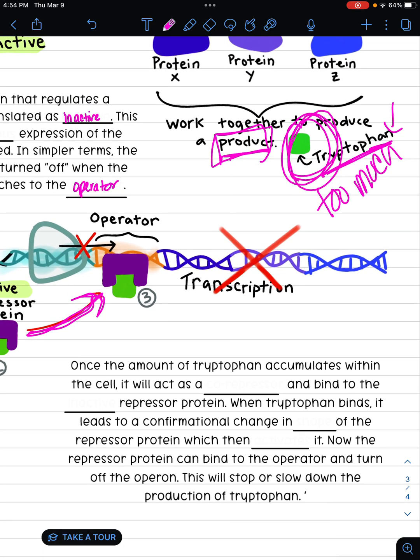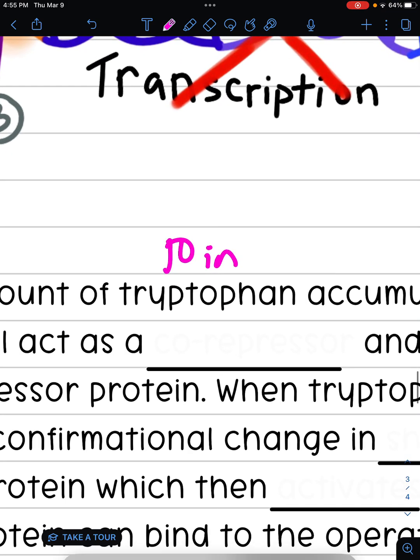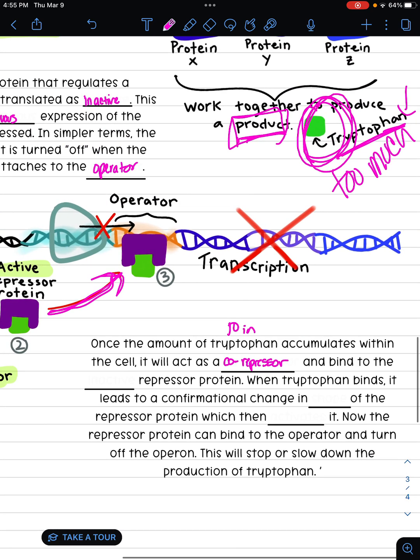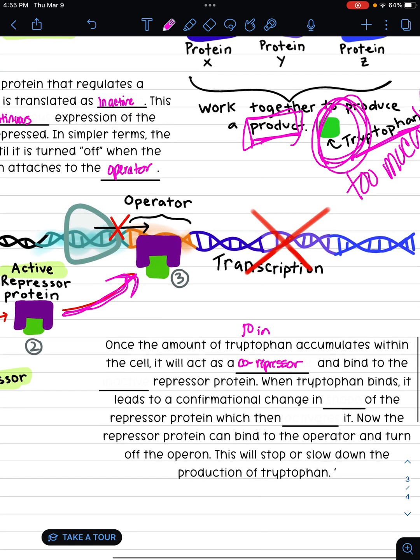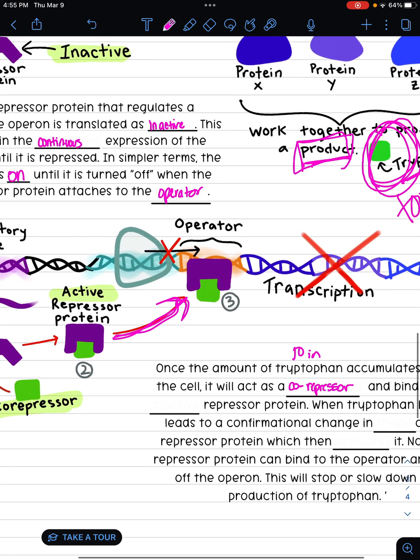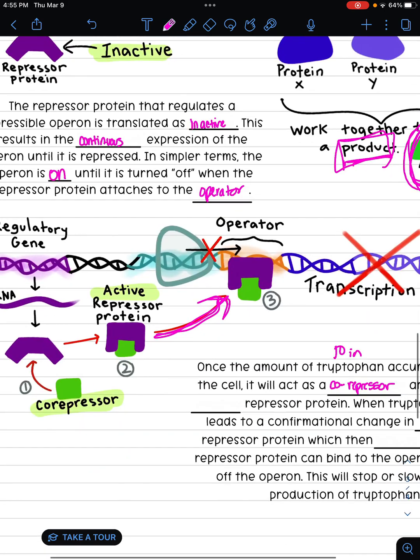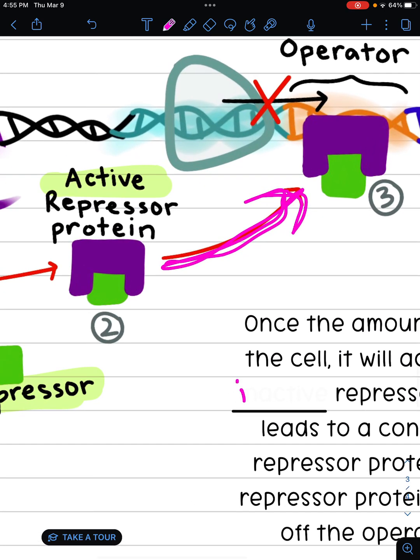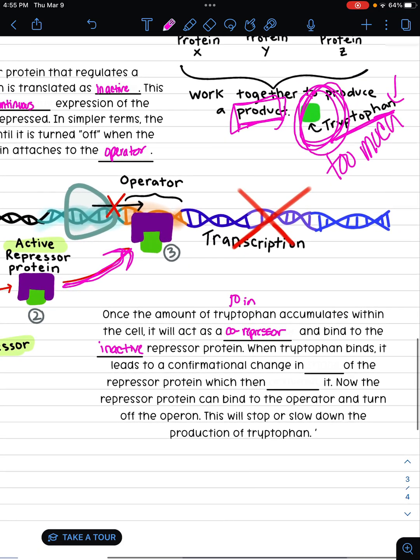Okay, so once the amount of tryptophan, which is our little 10-inch skillet, accumulates within the cell, it acts as a co-repressor, okay? And binds to the what? To that repressor protein, but remember, it's usually inactive, okay? It binds to that inactive repressor protein, making it active, okay?